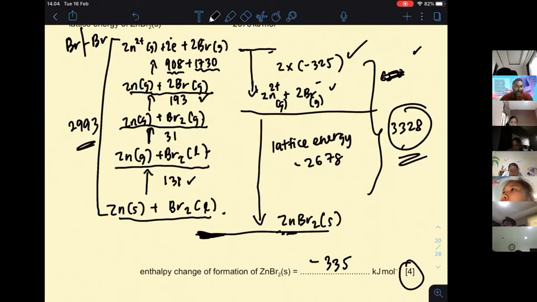When it is lower, it is telling me automatically this is going to be a negative value. It's going down. So we need to calculate this, which is quite easy: 3328 minus 2993. And at the end, because it's going down, you need to give the value in negative.